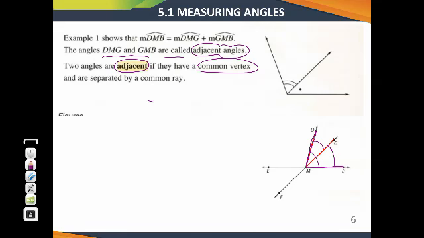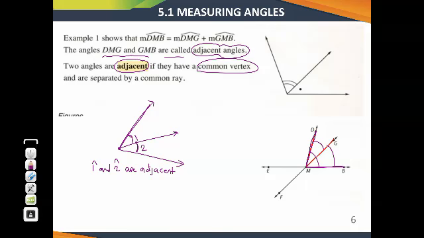For example, we have this one. This is angle 1, this is angle 2. Are angle 1 and 2 adjacent or not? Yes, each one has its own angle, but they have the same vertex. So we can say angle 1 and angle 2 are adjacent.